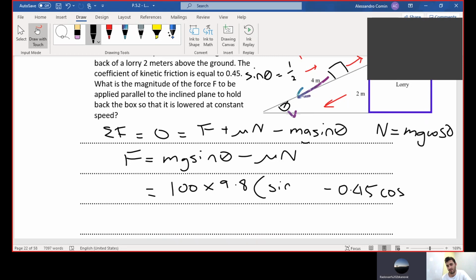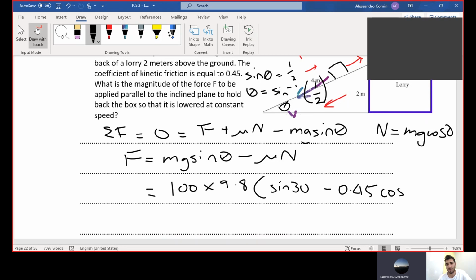Right. So that means that theta is going to equal the inverse sine of half, which is 30. So you just go sine 30. Perfect. So we know that the angle is 30.